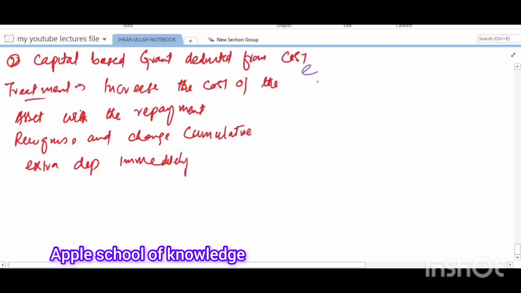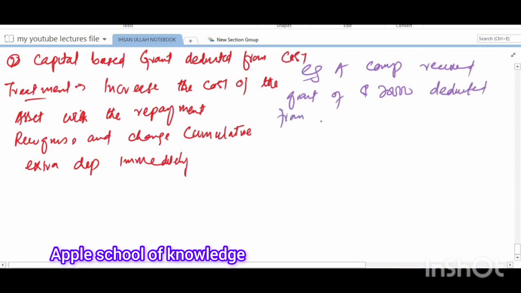Example, let's say we have a company, and this company received a grant of 20,000, deducted from the cost of the machine.